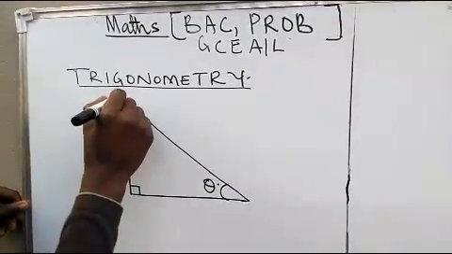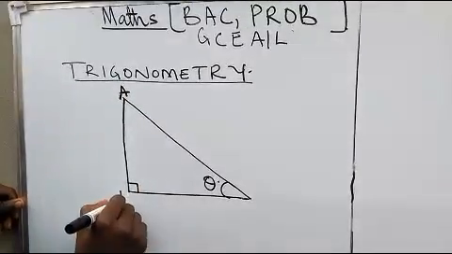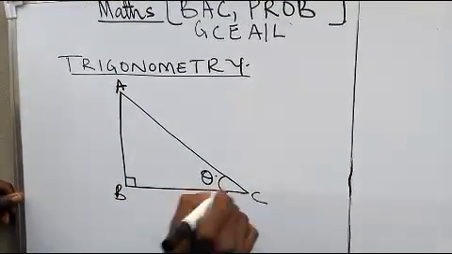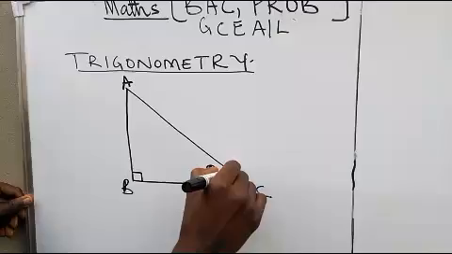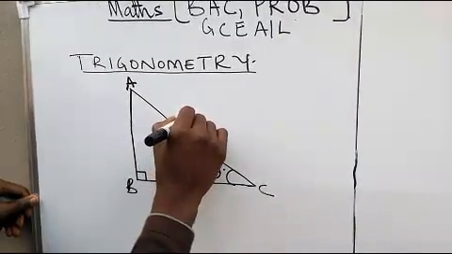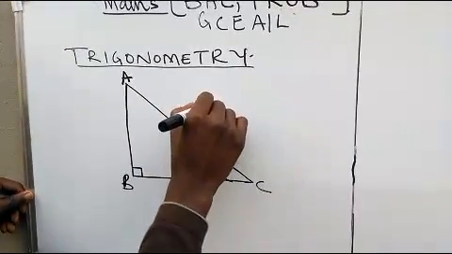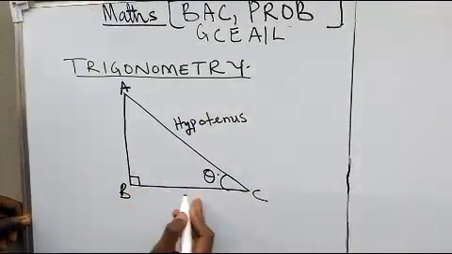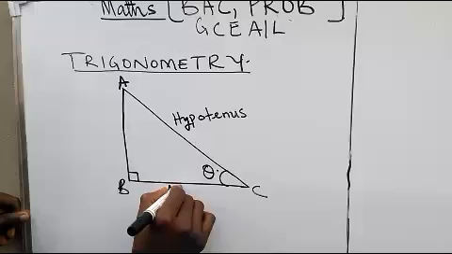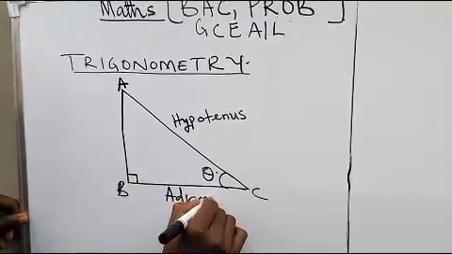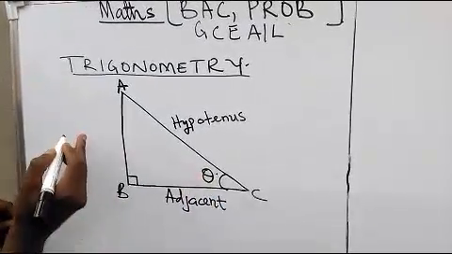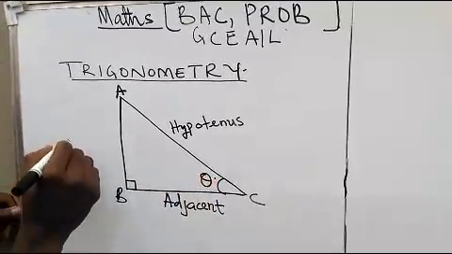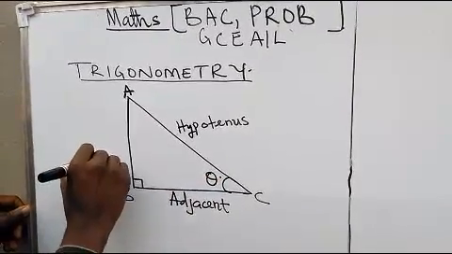We indicate our sides A, B, C. The longest side of the triangle, we name it the hypotenuse. The adjacent side to the angle, we describe it as the adjacent. And the side which is in front of the angle, we name it as the opposite side.